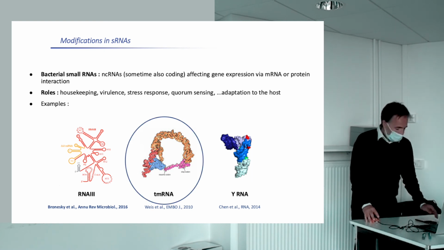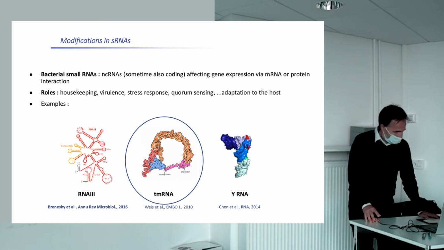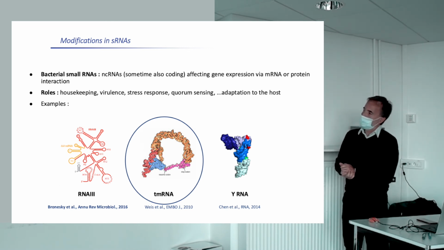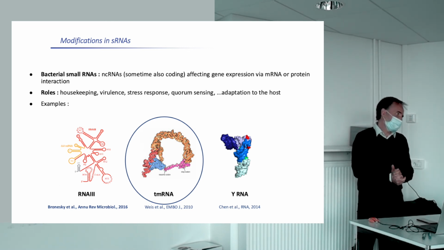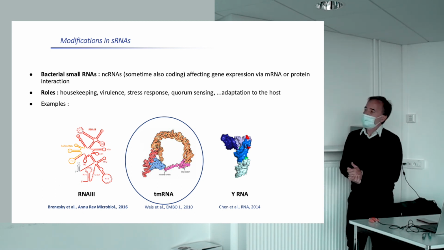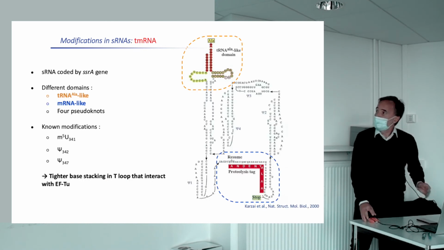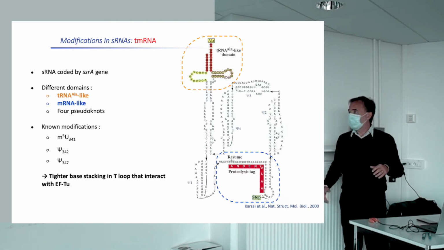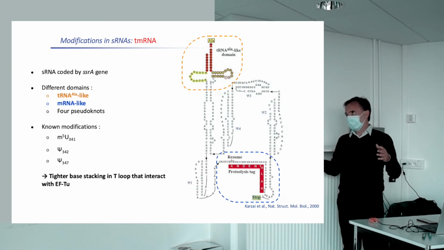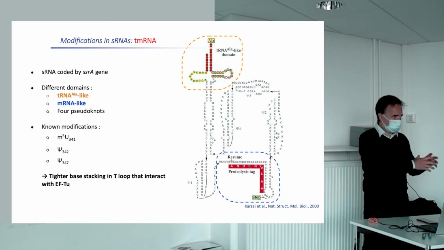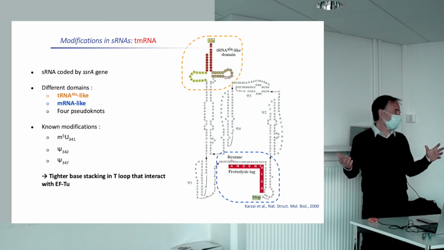Now I will go quickly toward the end of my presentation, showing you very rapidly a sample of modification in other regulatory RNA. This is the tmRNA and the yRNA. So tmRNA is an RNA molecule that is made by a tRNA-like part and a messenger RNA-like part.